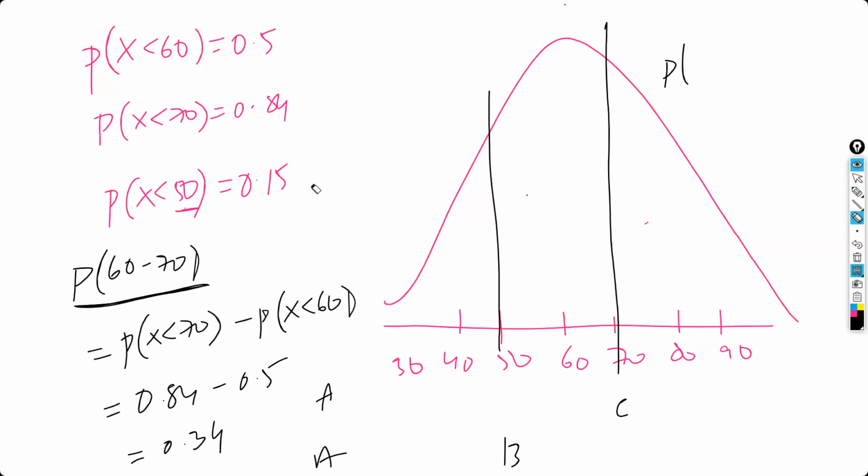Let us make the round figure of 2 decimals for the Z-score and also for the probability. Up to here 0.84, up to here it is 0.16. The difference between them is 0.68. Is that okay for everyone? Any questions? Please conclude.